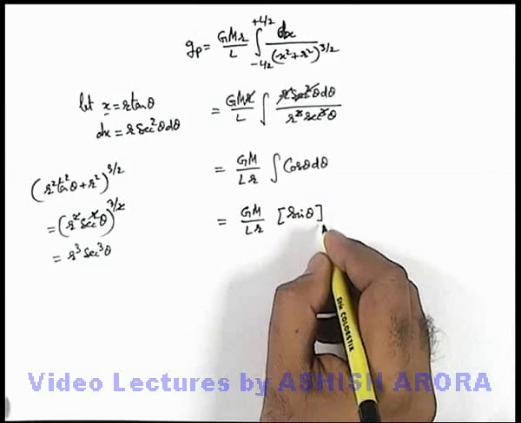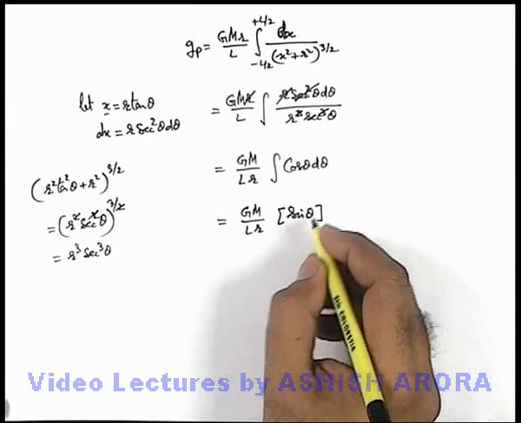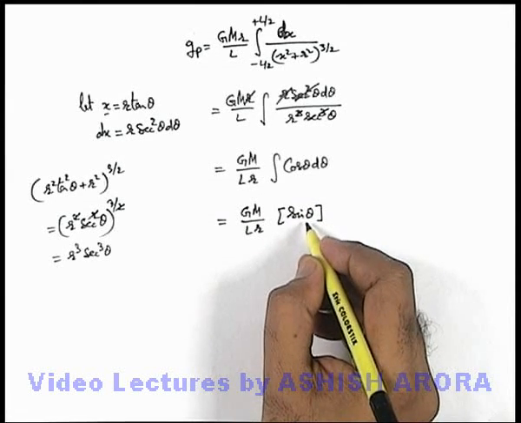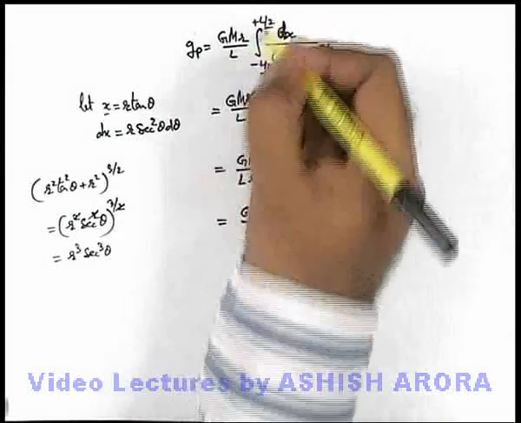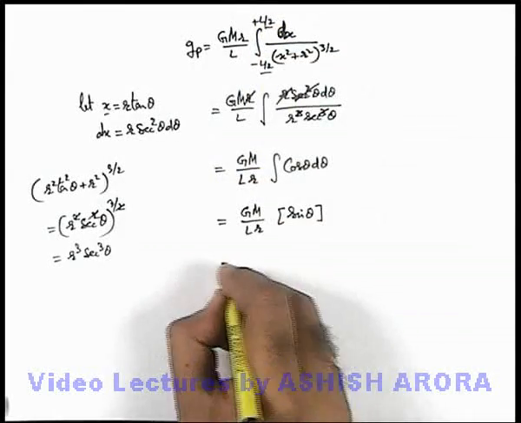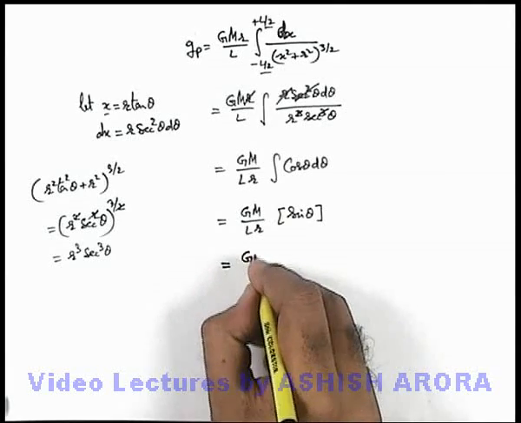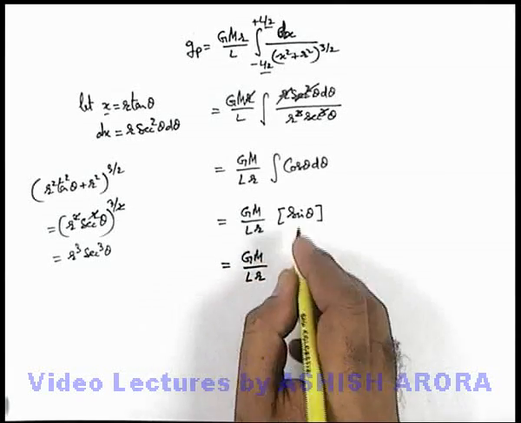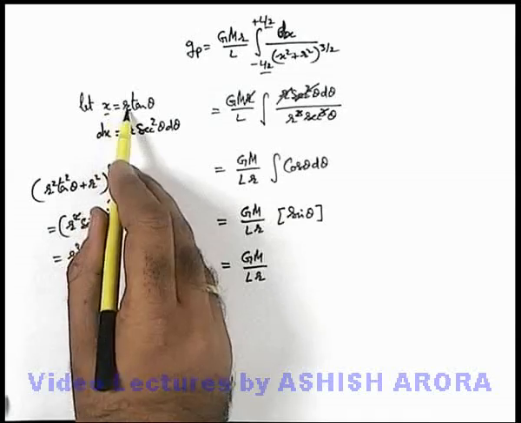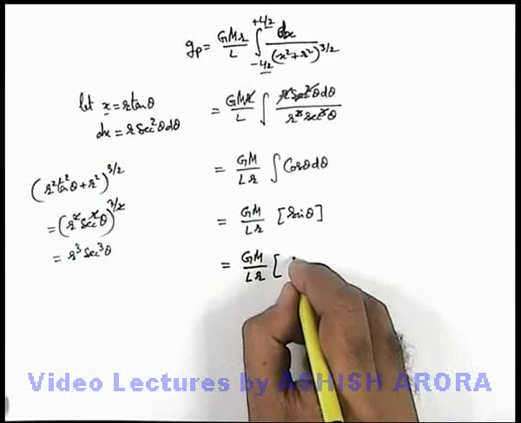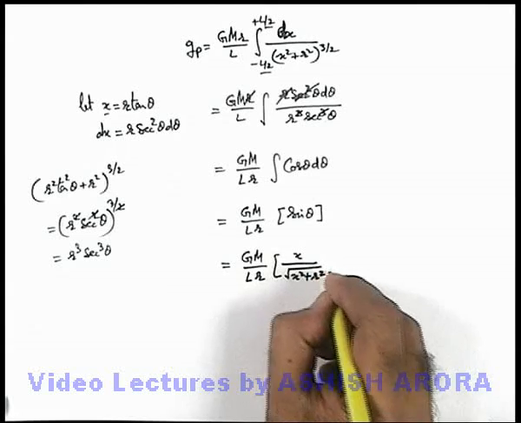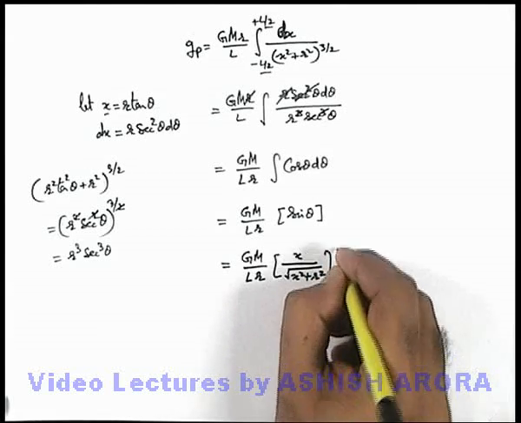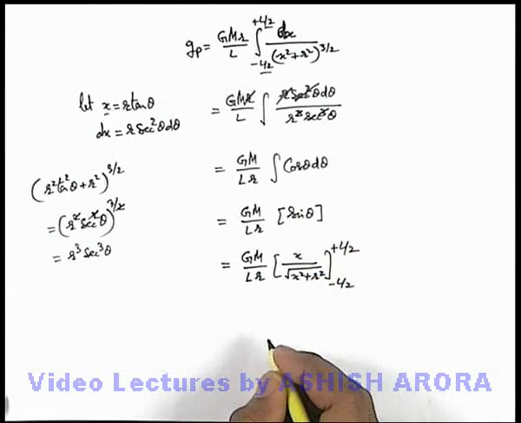Now it is time to substitute limits, so first we need to resubstitute the value of sin theta in terms of x, as minus L by 2 to plus L by 2 are the limits of x we are having. Here, as tan theta is x by r, sin theta can be written as x by root of x square plus r square, from minus L by 2 to plus L by 2.